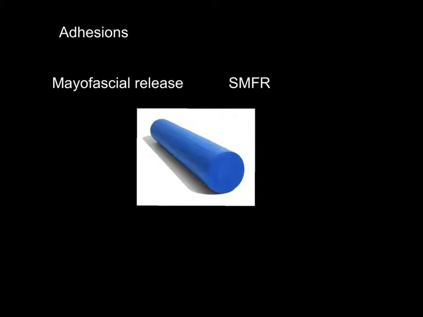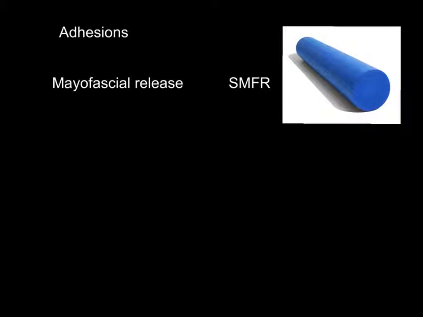I don't know if you've seen one of these at your gym. Basically, you have your foam roller, and say you need to roll the outside of your leg. Here's your knee, there's your hip.